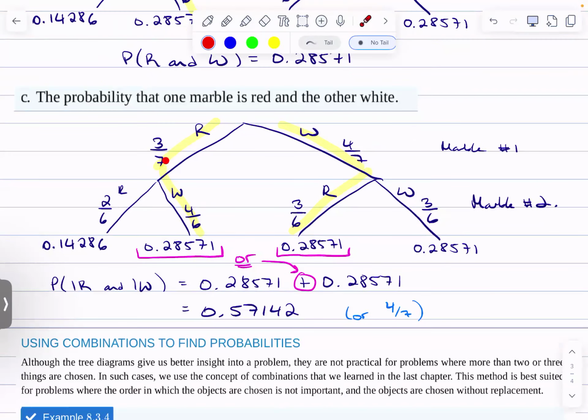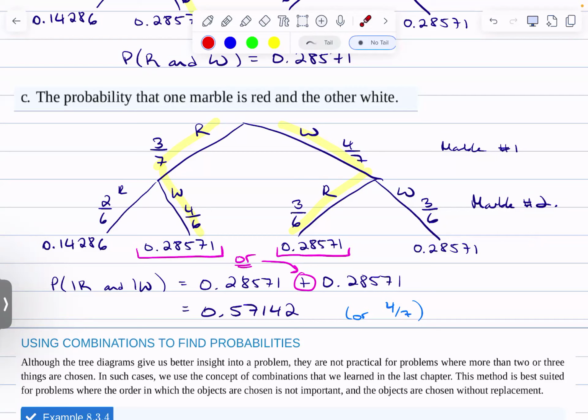What if instead of 7 marbles, you had 70 marbles and you were gonna draw 15 marbles? It's a terrible tree diagram. Even if they're only red and white marbles, if we're drawing 15 marbles, which isn't even that many, and we want to find the probability that there is a red one in there, you don't want to do that with a tree.